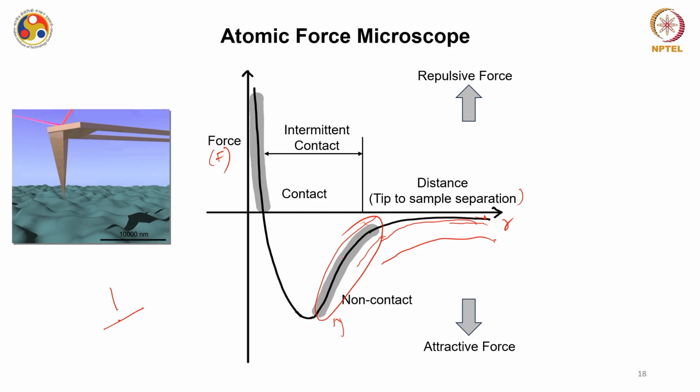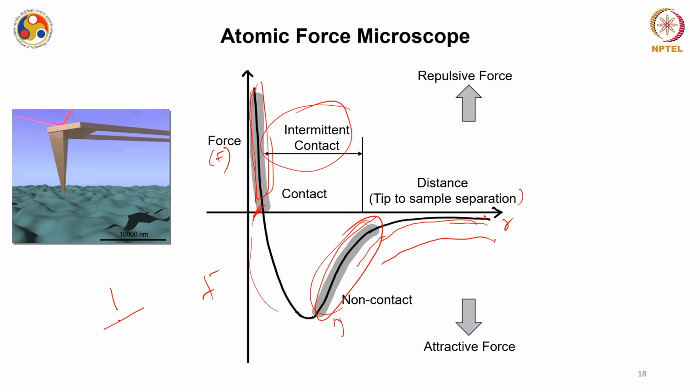The AFM works in this force region. So basically what you can do is you can measure this force by seeing the interaction of this tip with the surface. Now when it comes very close to the surface, at some point it will touch the surface. Now it will be a repulsive force. So this is the intermittent contact area, and in the contact mode, it works somewhere in this range.